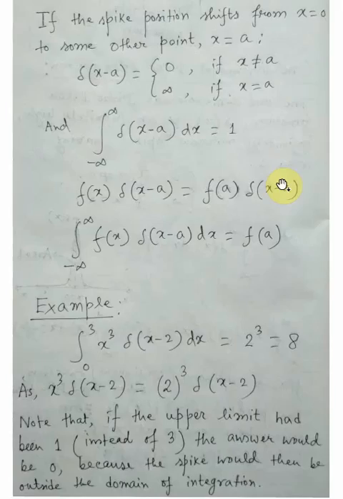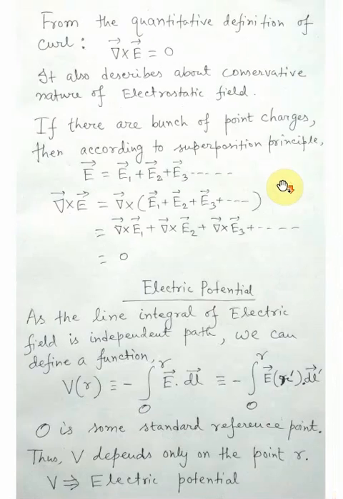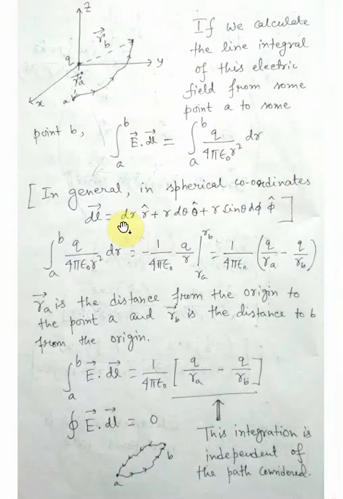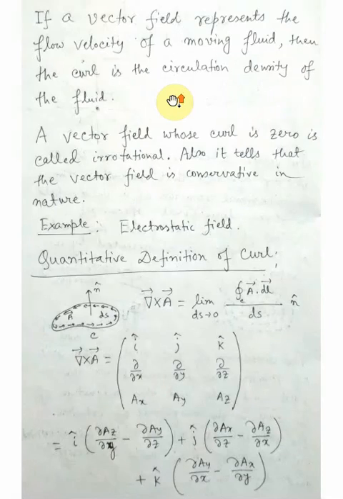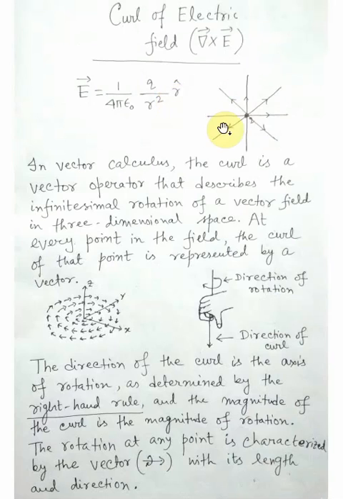So this is dr r cap along the radial vector, r d theta theta cap along the theta direction, and r sin theta d phi along the phi direction. Here you can see the electric field is a function of r, and the direction is along the radial vector.